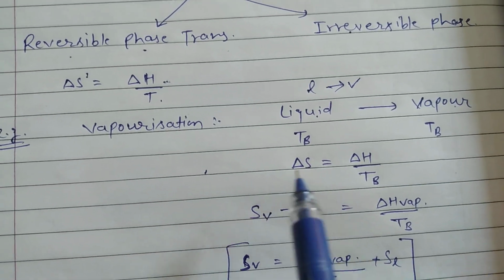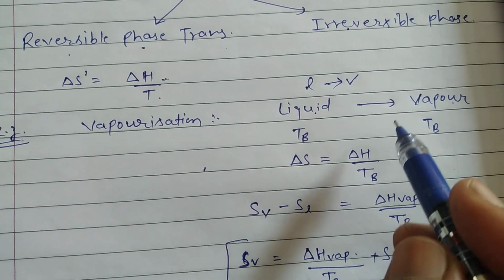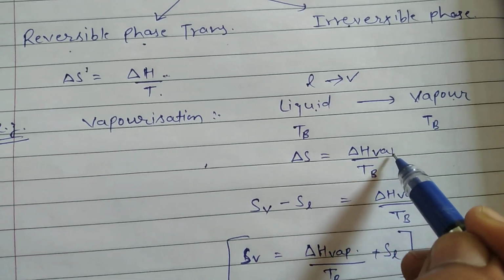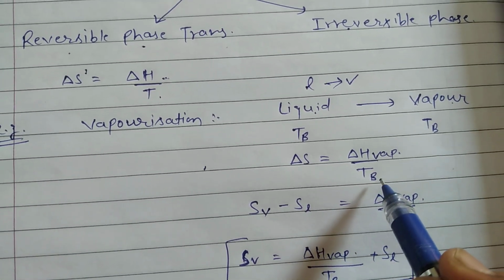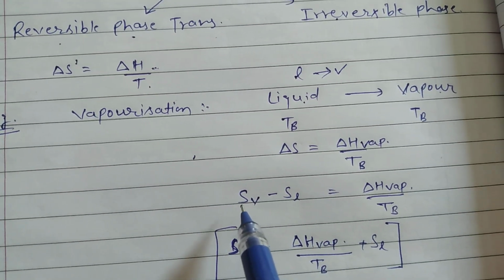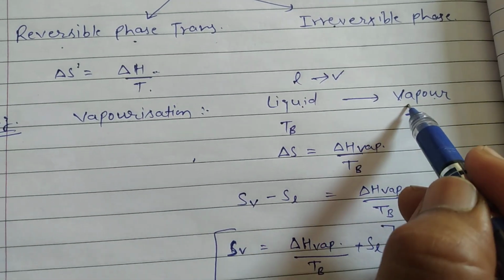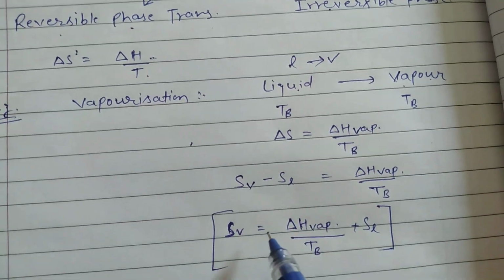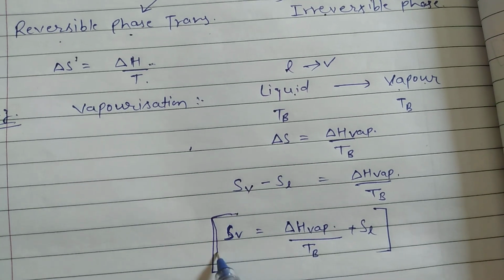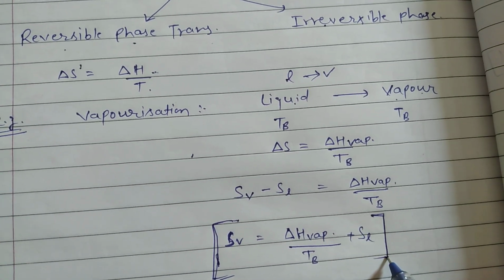So the change in entropy is defined as the heat of vaporization divided by its boiling point. The change in entropy is the entropy of the vapor minus the entropy of the liquid, meaning final state minus initial state. So this is the overall change in entropy in that reversible phase transformation.